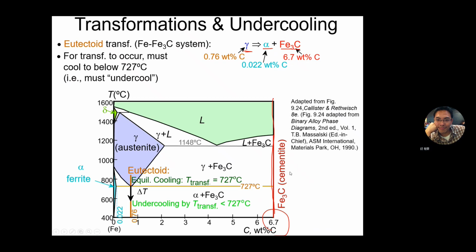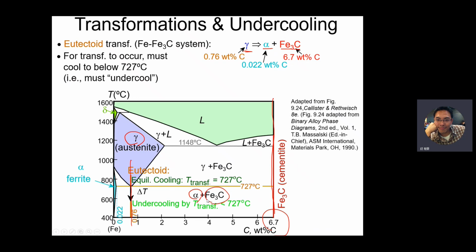It's about 0.76 weight percent of carbon content, because you can look at this composition right here. The transformation is from one solid to two solids.